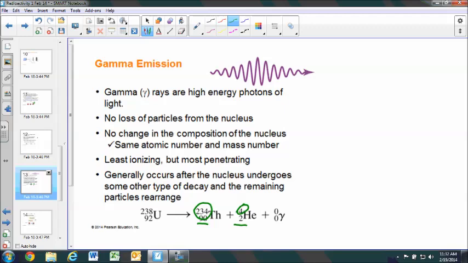So you might have a situation where you have a radioactive atom that decays into a daughter that is also kind of unstable. But this instability can be released by emitting a gamma ray, and then you have the daughter that is stable. Sometimes you might have a delay, a very brief time, between the formation of the daughter and the release of the gamma ray.